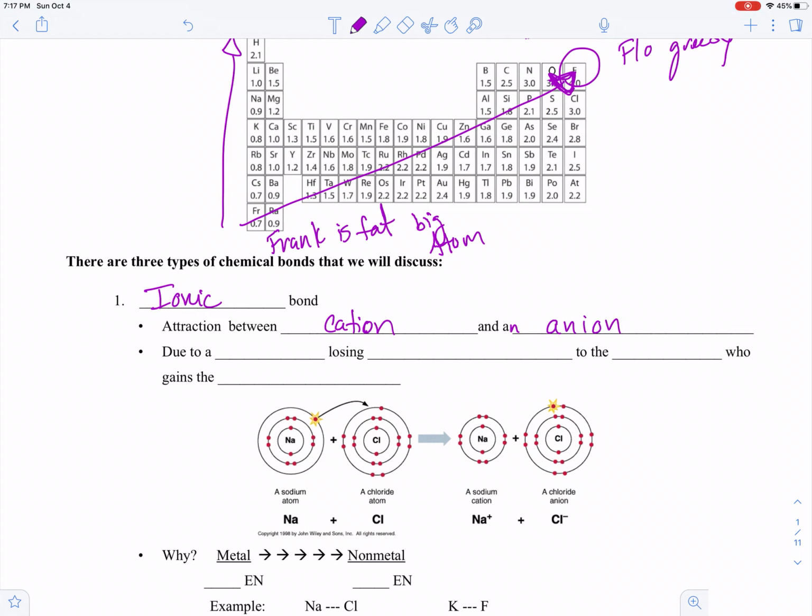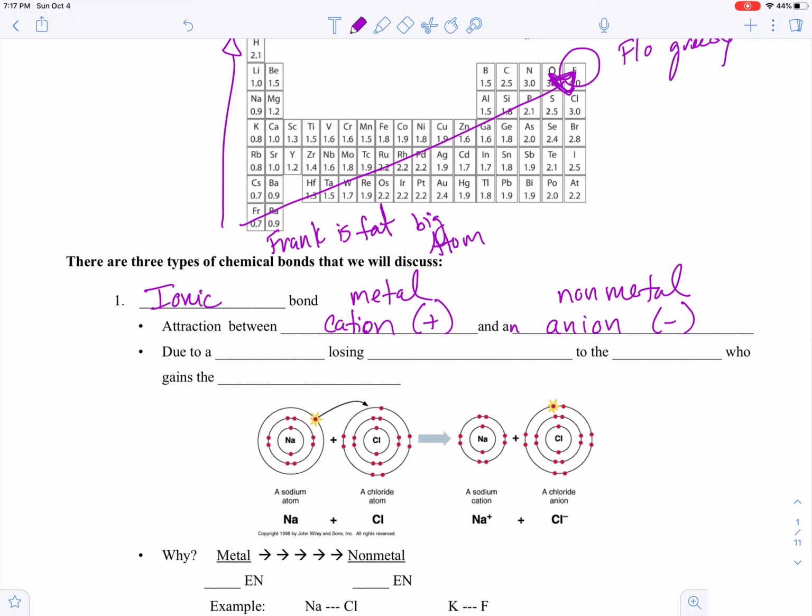The only reason that I write cation first is because when we write the name or the formula, we'll always write the cation first. The cation is the positively charged ion, and the anion is the negatively charged ion. Your cation will also always be the metal, and your anion will be the non-metal.